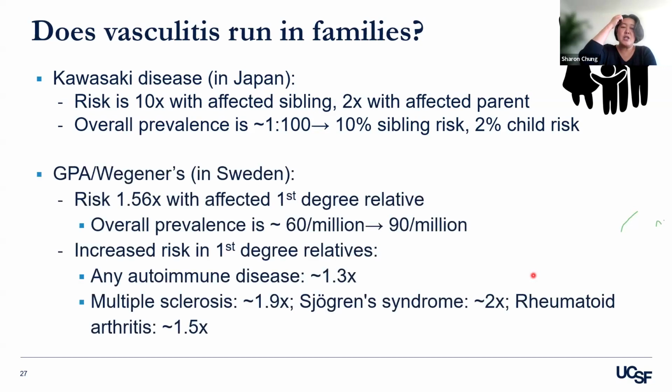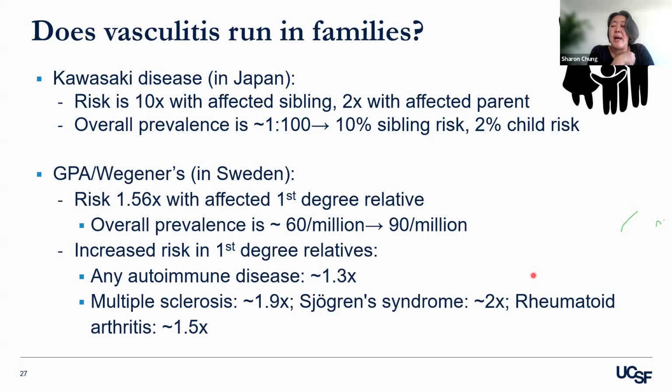And then for GPA, granulomatosis with polyangiitis, a small vessel vasculitis affecting primarily the lungs and the kidneys, the study that we have comes from Sweden, and what they showed is that your risk of developing GPA is about 1.5 times higher than the general population if you have a first-degree relative who has GPA.